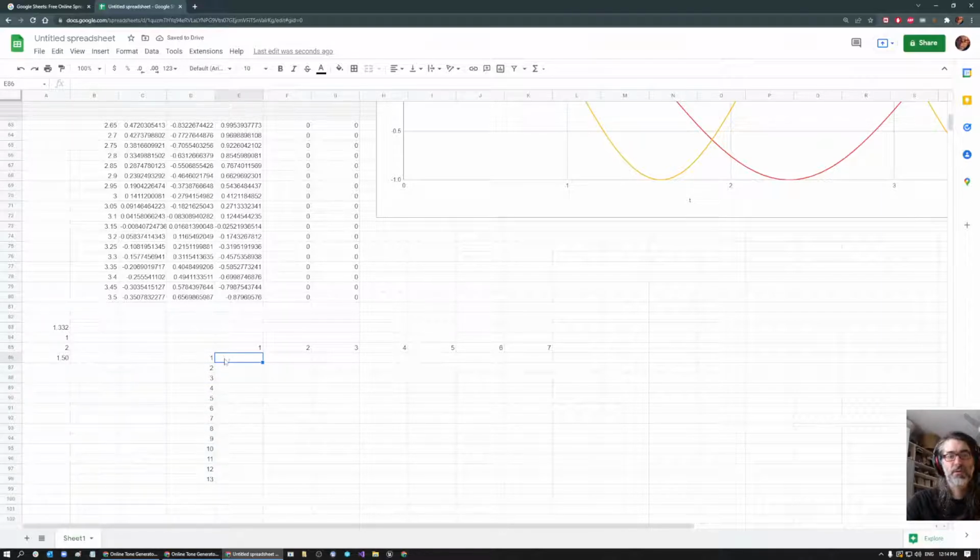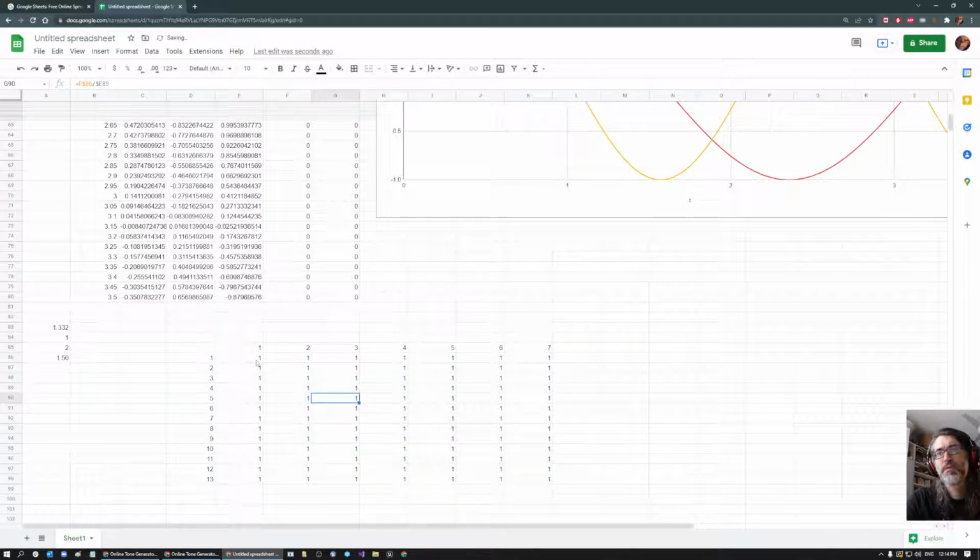So I'm going to say equals this divided by this. And I need to keep the row number from changing here, and here the column will not change. So if I do this and this, it failed because I did not do the correct thing.